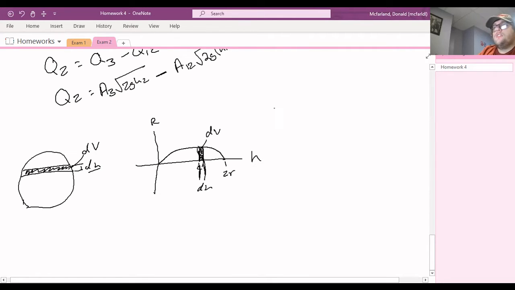However, if you notice, as dH approaches 0, what happens to this rotation is it becomes more and more cylinder-like.